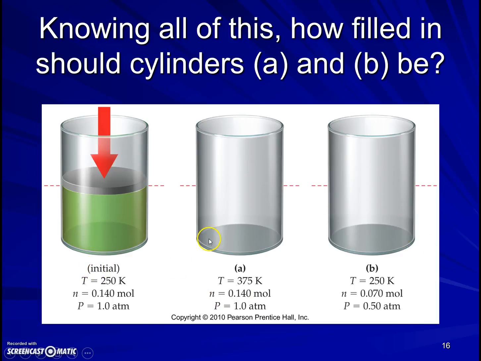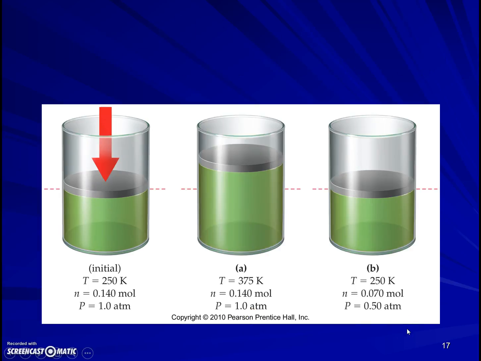And then what would happen to it if instead we kept the temperature the same but we cut the moles in half? That would make us have less, but cut the pressure in half, and that's going to make it expand. And here's what happens.